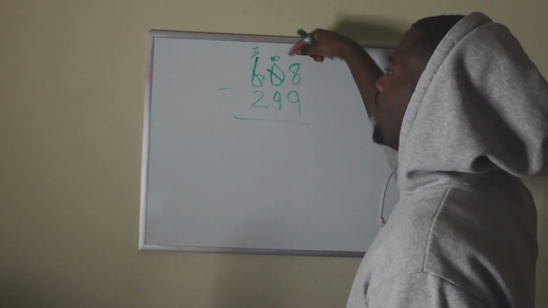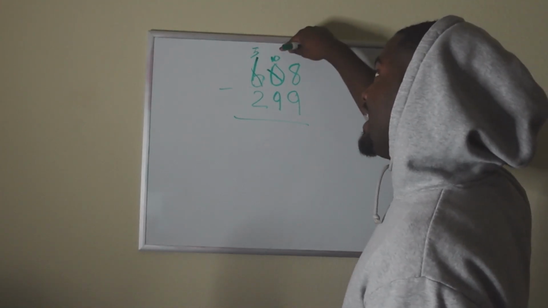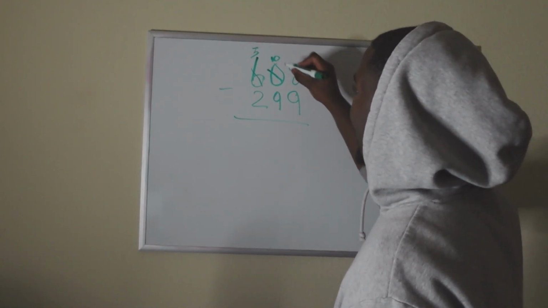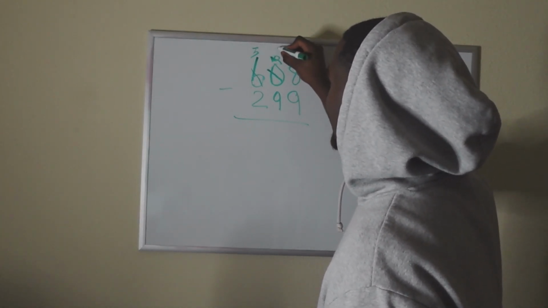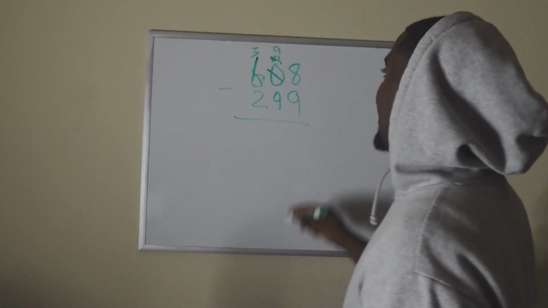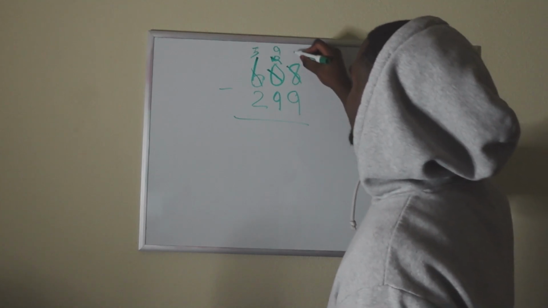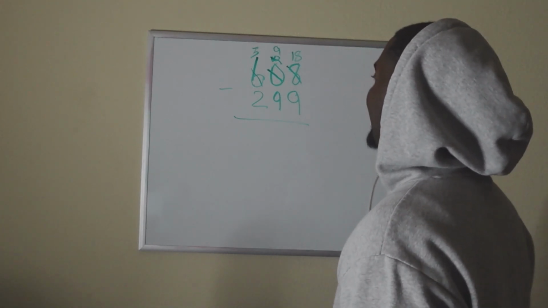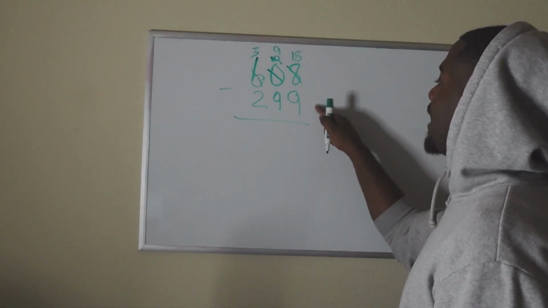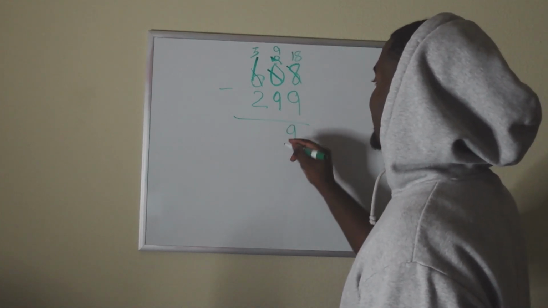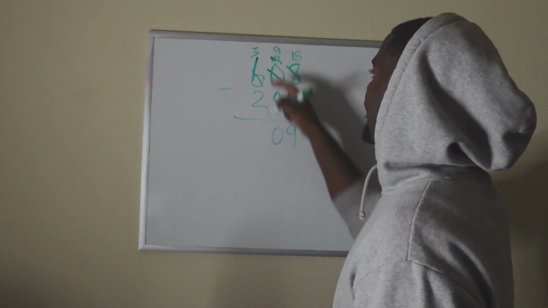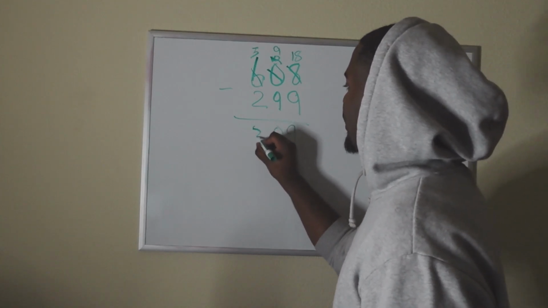So we have to borrow from the tens place. We have 10 now in the tens place, so now we have to borrow from there. So it means 10 minus 1, which is 9 up here. And now our 8 becomes 18. So 18 minus 9 is 9. 9 minus 9 is 0. 5 minus 2 is 3.